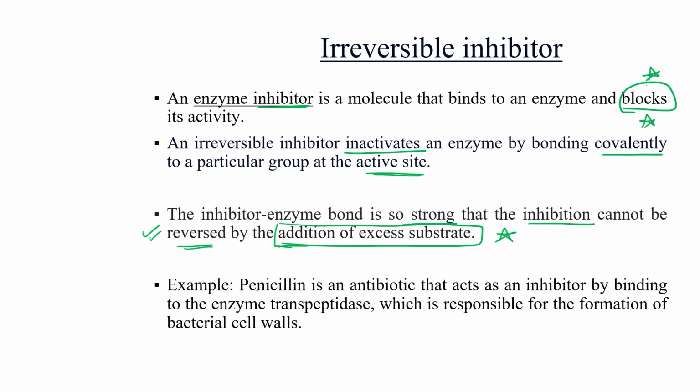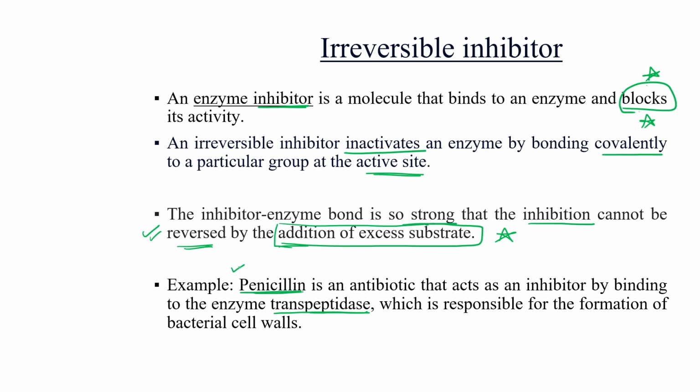There are certain examples like penicillin. Penicillin inhibits bacterial growth. How? By reducing cell wall synthesis, the beta-lactam ring of the cell wall synthesis process. Penicillin acts as an inhibitor by binding to an enzyme known as transpeptidase, which is responsible for the formation of the bacterial cell wall.